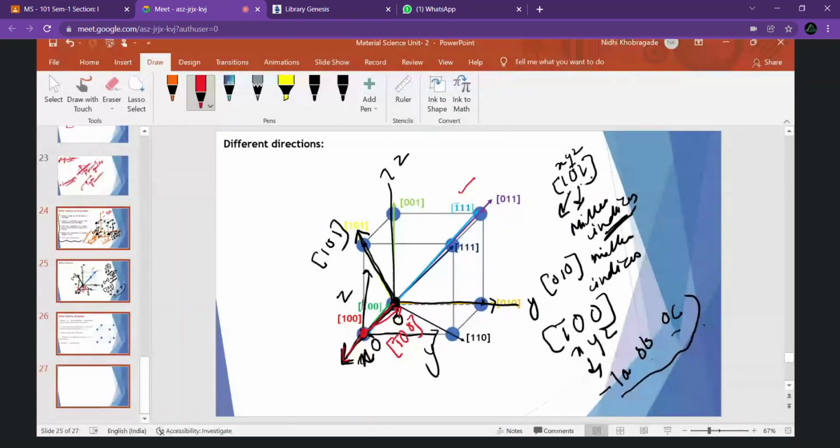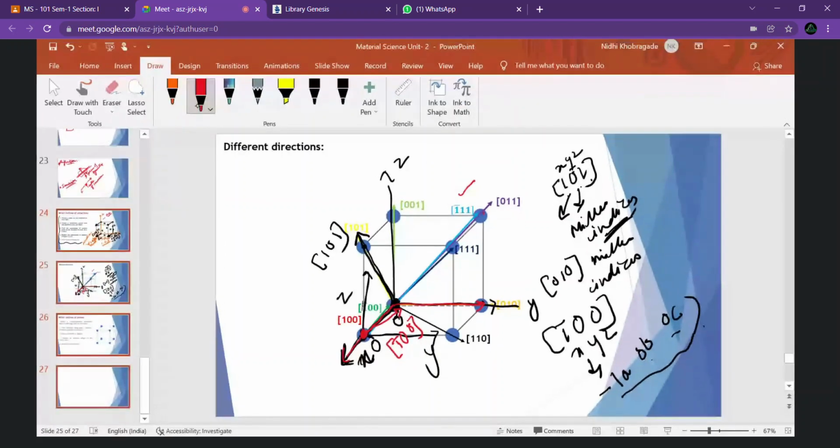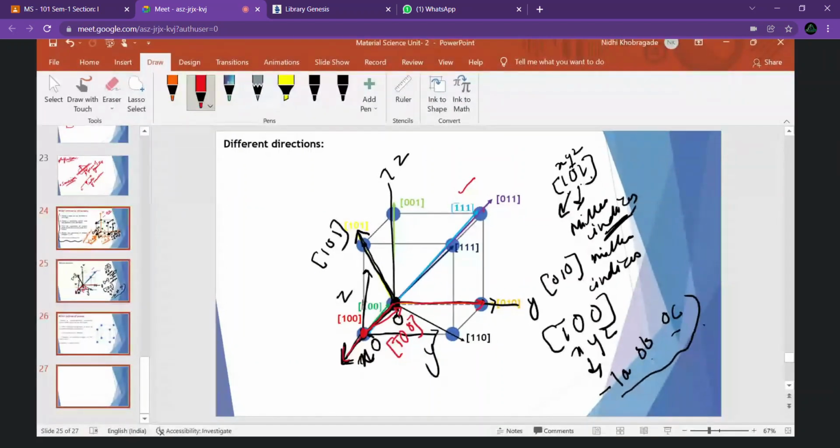For minus 1, this is the minus side for the x-axis, right? Plus 1 for y. Okay, so it will move from this side, this is the plus 1 for the y, and z. Okay, so z will move from this to this. Okay, so here ends our points. So from origin to this side, this is the direction for minus 1 1 1.